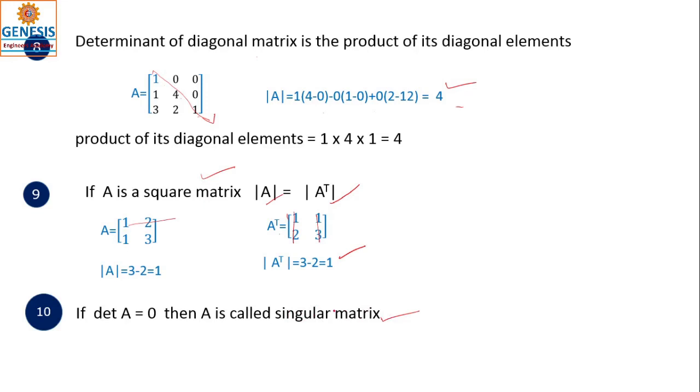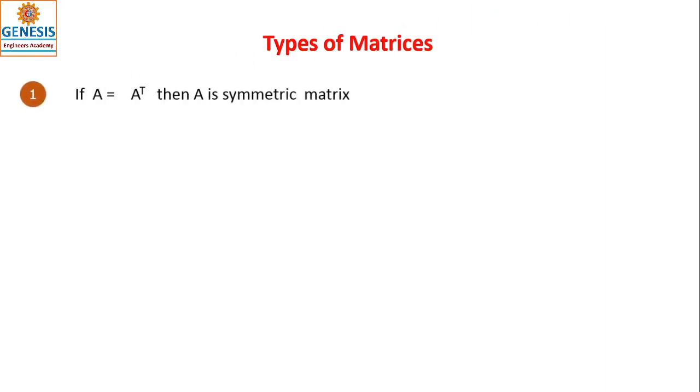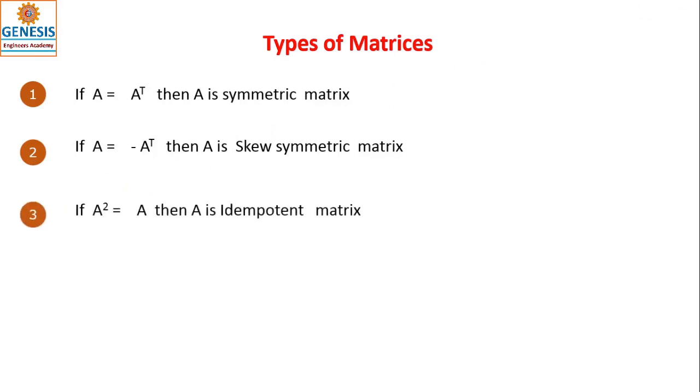This I have already explained, that is, types of matrix. If A is equal to its transpose, we call it a symmetric matrix. If A is equal to minus A transpose, it is a skew symmetric matrix. If A square is equal to A, it is an idempotent matrix.